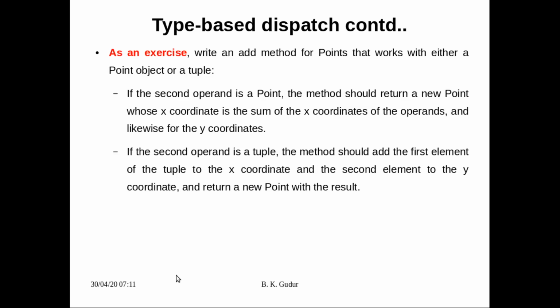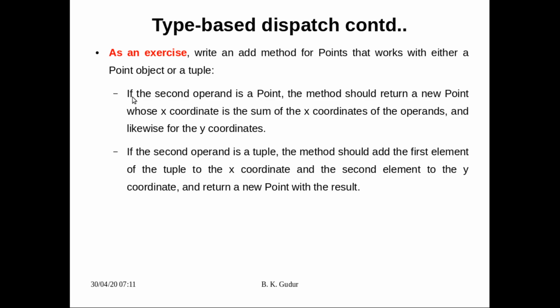And with this, one more thing: as an exercise, write an add method for the Point class, a point object, that works with either a point object or a tuple. Yes, a tuple can also represent the two coordinates of a point. So you write an add method which either adds two point objects or a point object with a tuple.